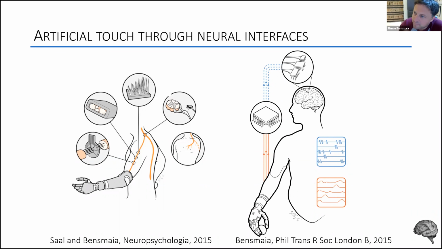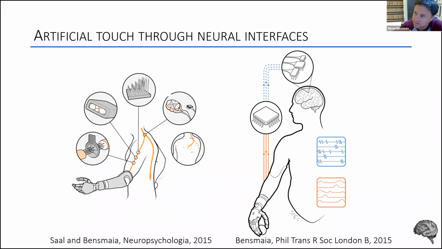The other population of people who have lost their sense of touch are people with spinal cord injuries. These people still have their hands, but you can stimulate the nerve until you're blue in the face. It's not going to result in a sensory experience, because the connection between the nerve and the central nervous system has been severed.